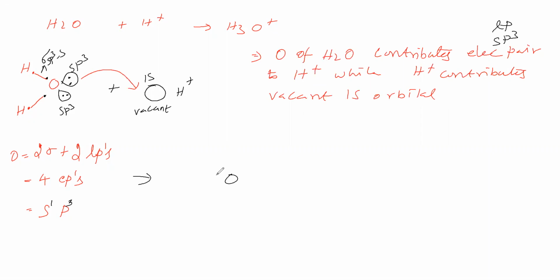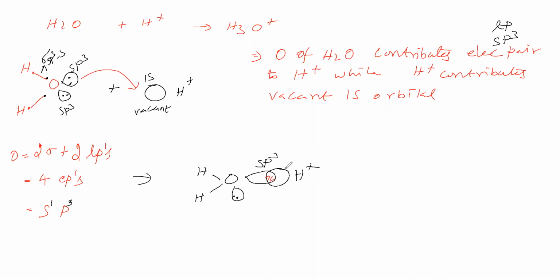Now water we have written, with 2 hydrogens and 1 lone pair. This sp3 orbital containing the lone pair is overlapping with the 1s vacant orbital of H+. Now how many electrons are involved? 2 electrons are involved in the bonding.